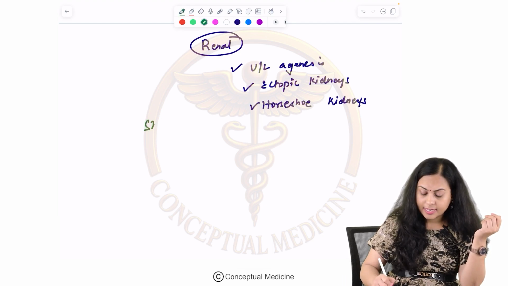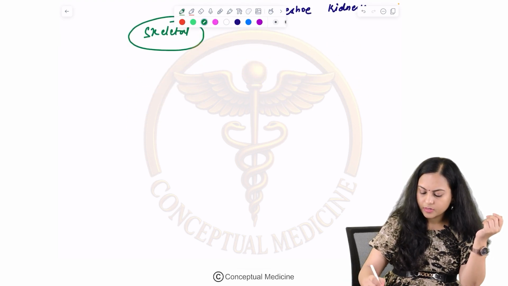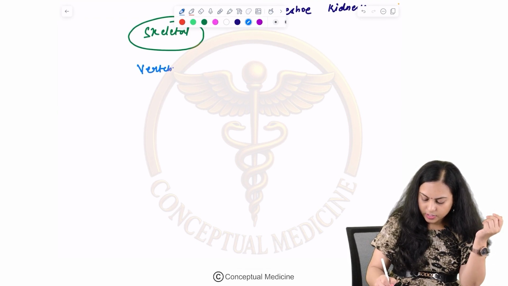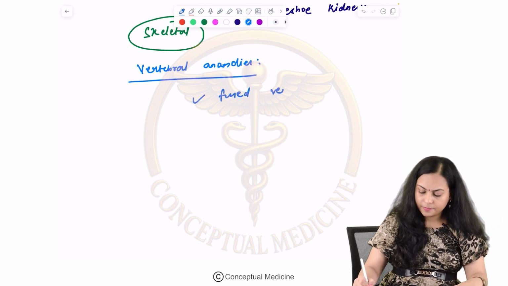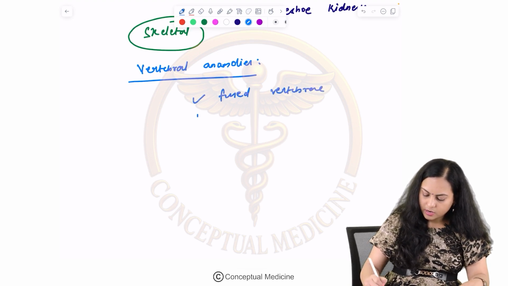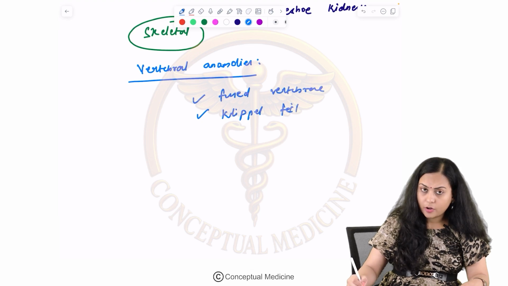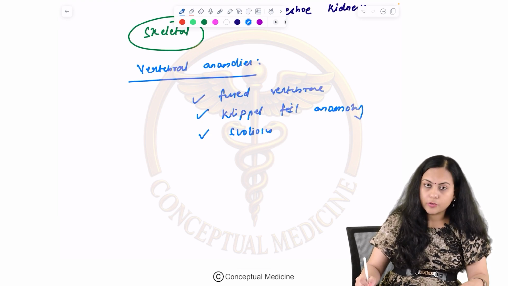And the skeletal anomalies may include vertebral anomalies like fused vertebrae, Klippel-Feil anomaly, or scoliosis.